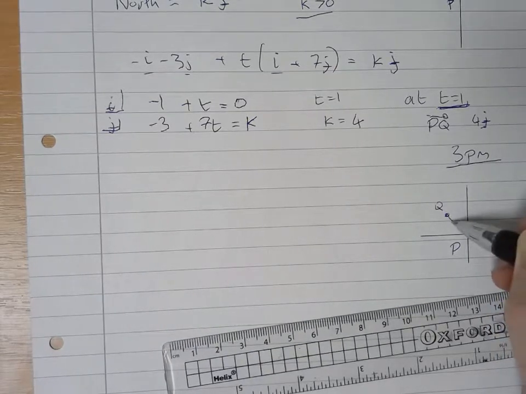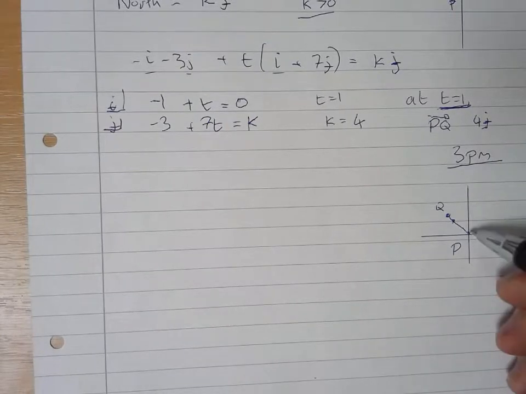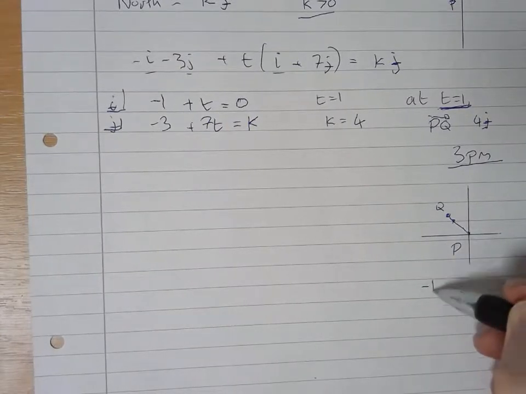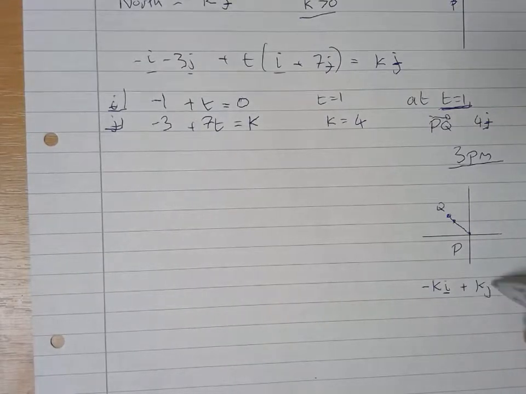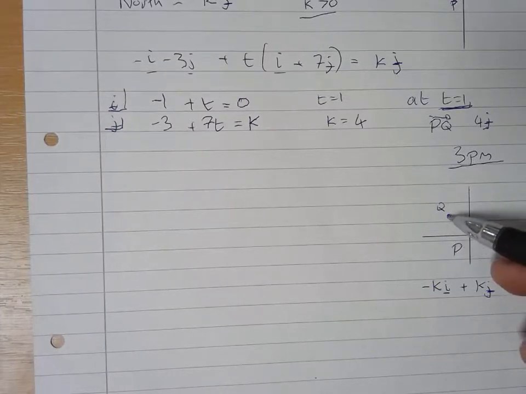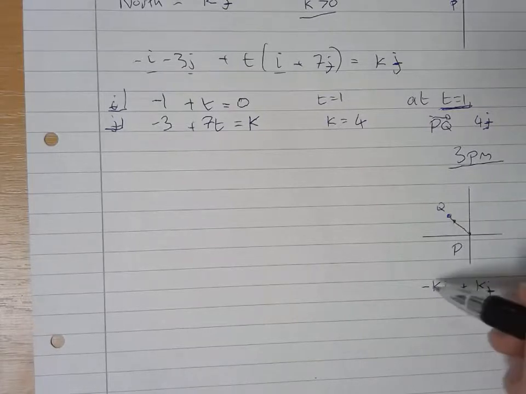So we want to go this way. So this vector is actually minus ki plus kj. Because we want to move at 45 degrees, we want to go the same amount along and the same amount up. But we're going backwards in the i direction, upwards in the j direction. So this is our vector for northwest.